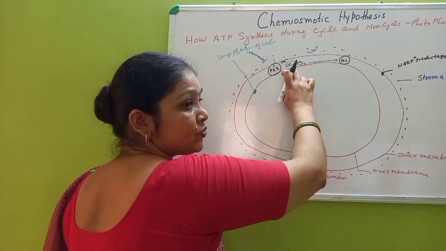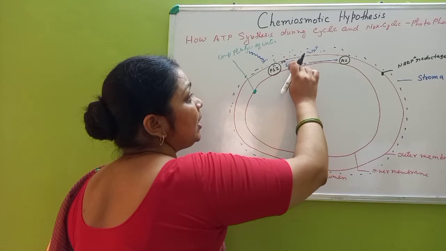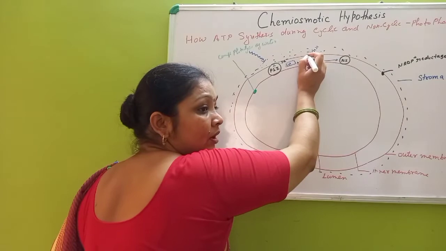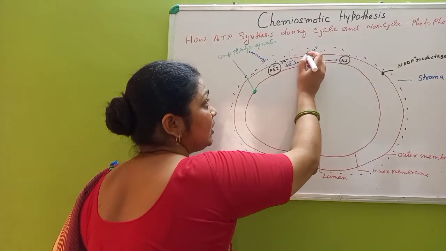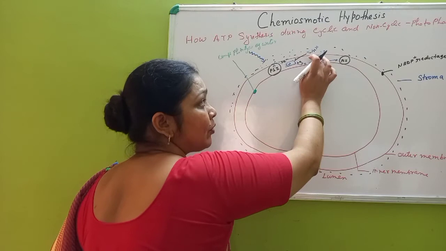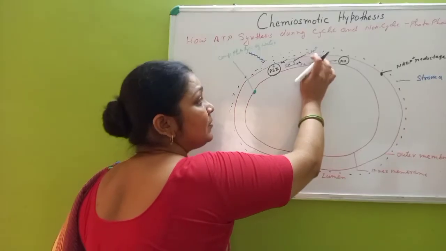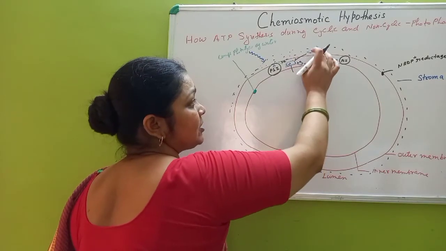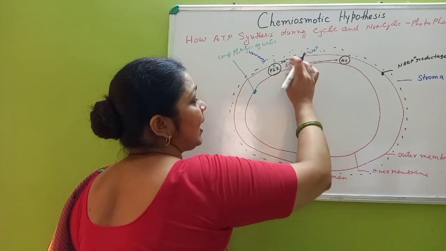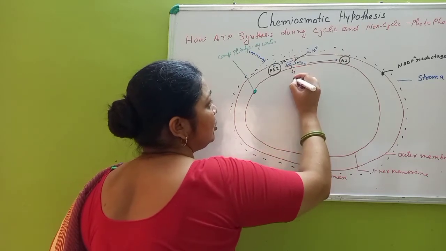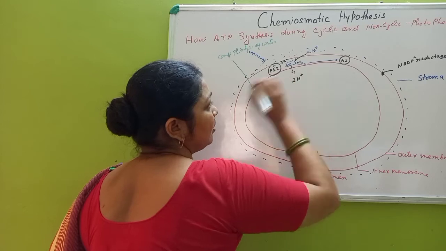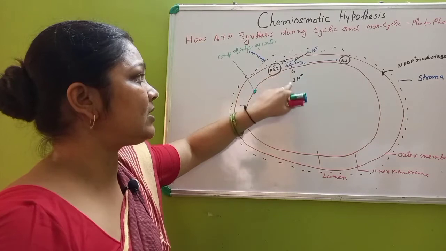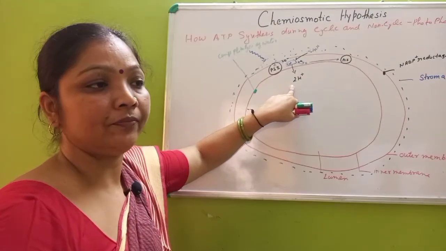Okay, the energy which was released by the electron is utilized by cytochrome to accept this proton. They accept this proton from the stroma and pass this proton into the lumen.